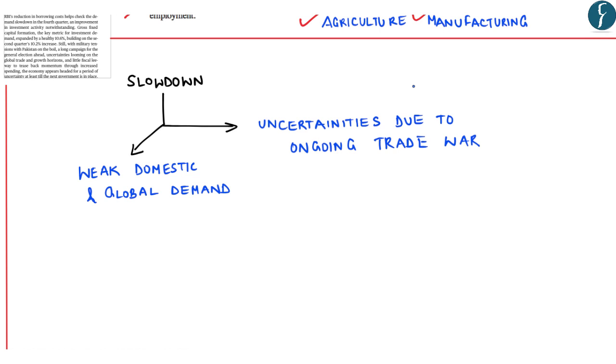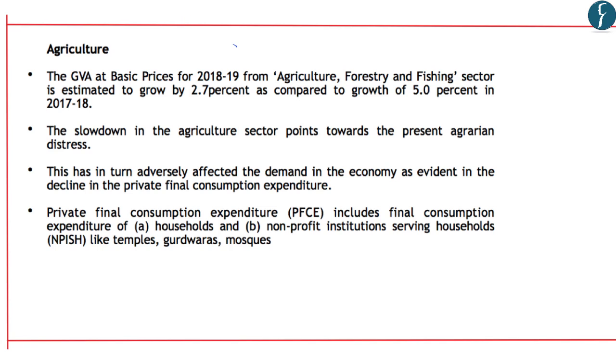Let's go through them. The editorial categorically mentions that the slowdown in the agriculture sector points primarily towards the present agrarian distress, and this has in turn adversely affected the demand in the economy, which can be said because there has been a decline in private final consumption expenditure.